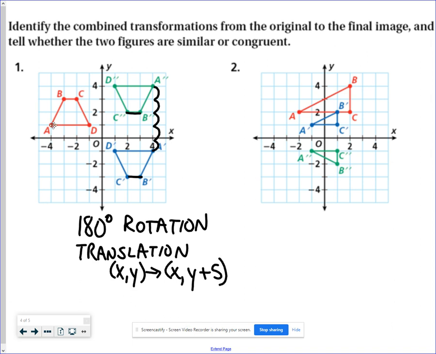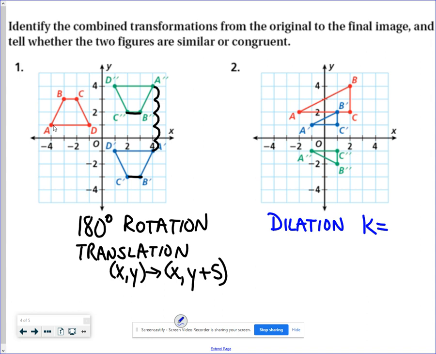In the second problem, to go from the red pre-image to the first image, the blue one, it's getting smaller. That should be a red flag that that's going to be a dilation. And it is getting smaller. So we know that it's a reduction, but we can just tell what the scale factor is as our specific information.